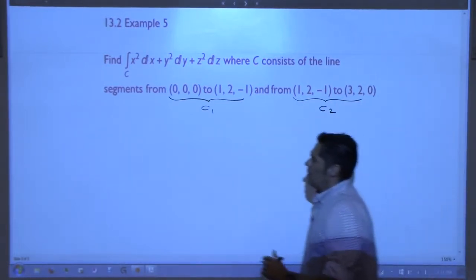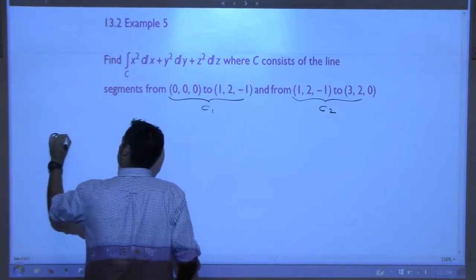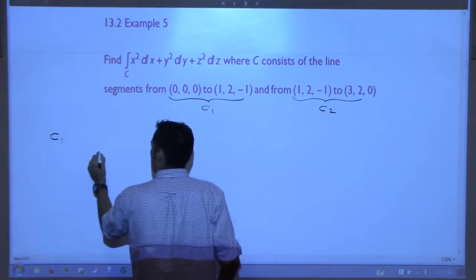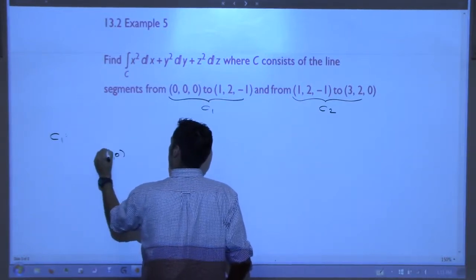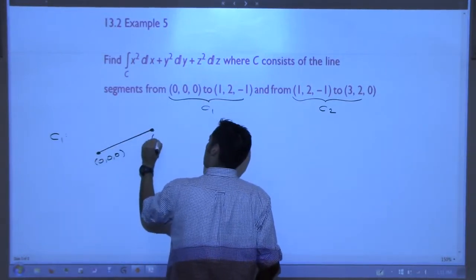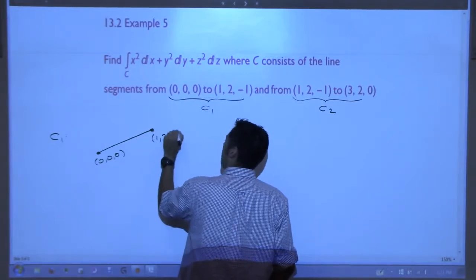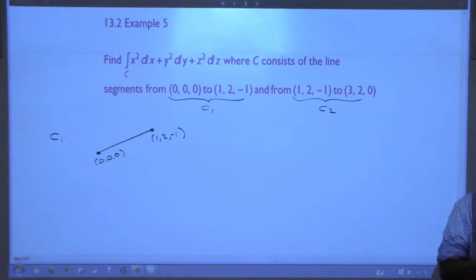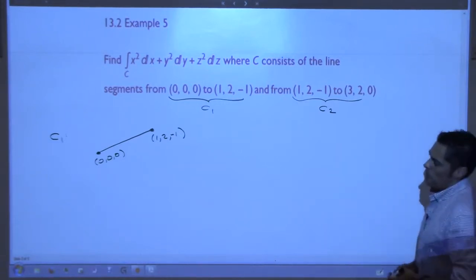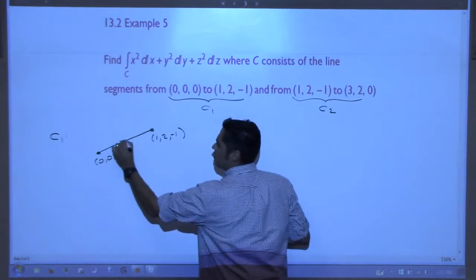All right? For C1, I imagine that I'm going from the point (0, 0, 0) to the point (1, 2, -1). I'm not trying to draw this in three-dimensional space, because I'm conceding that I'm not going to be able to do it very well. So I just know that I need my C1 to connect those two, and I want to go in this direction, from there to there.